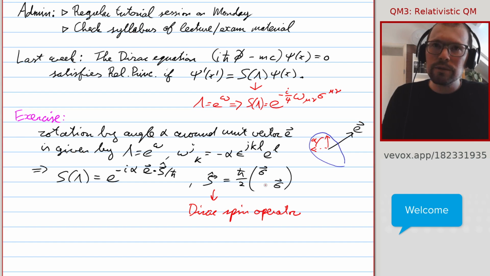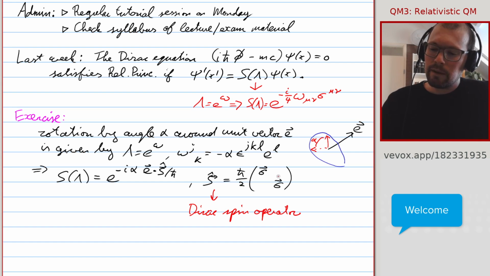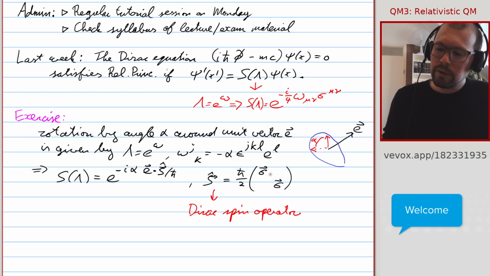Now, if you recall, the Pauli matrices multiplied by h bar over 2 were exactly the angular momentum operators, or the spin operators, for ordinary, say for electrons in 3 dimensions, non-relativistic electrons. So what we see now is that in fact we have a pair of those.